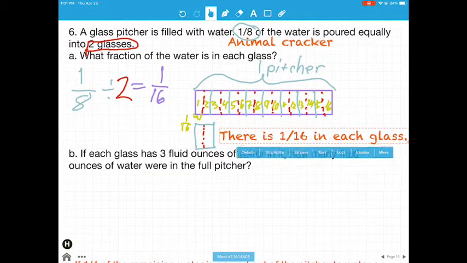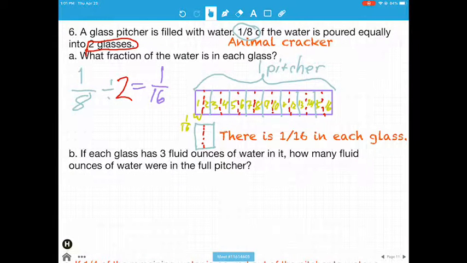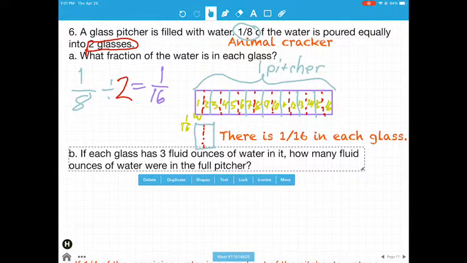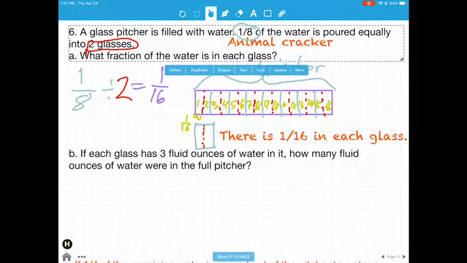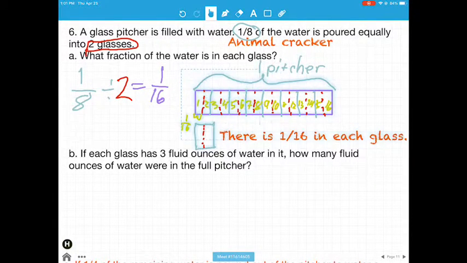Okay, so the next question. If each glass has 3 fluid ounces of water in it, how many fluid ounces of water were in the full pitcher? Again, I could basically copy this.